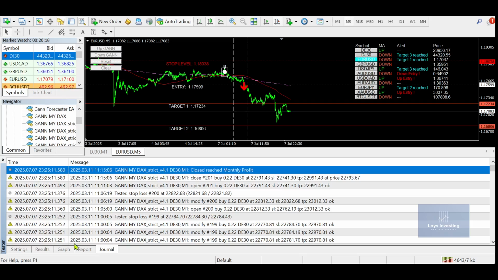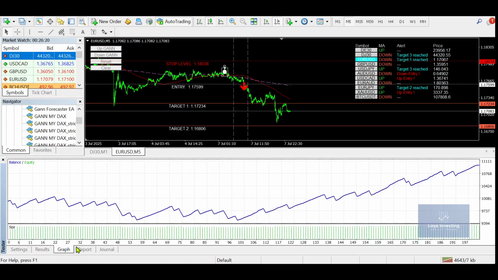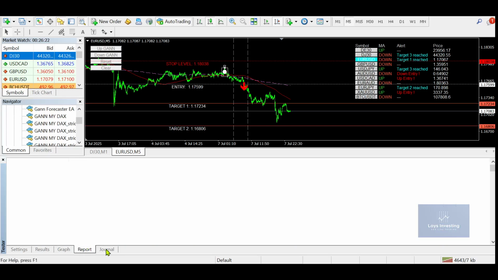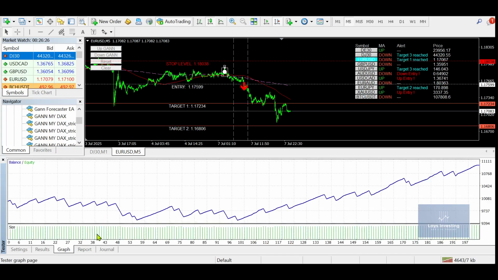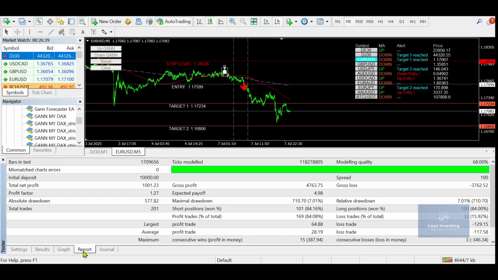March 11th. We're still profitable, but the profit factor is less. 1.27. Drawdown a little bit higher, but still below the 10%, which I wanted as target, as limit.